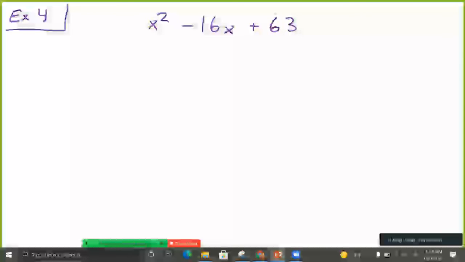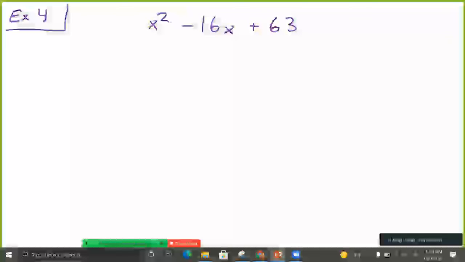All right, so before we even look at our list, folks, one of these terms is negative, right? B is negative here. So that's a clue that we're going to have something negative for our two numbers that we find. When we multiply them, it's positive 63. So remember, if two numbers multiply and make a positive, that means they're either both positive or they're both negative.